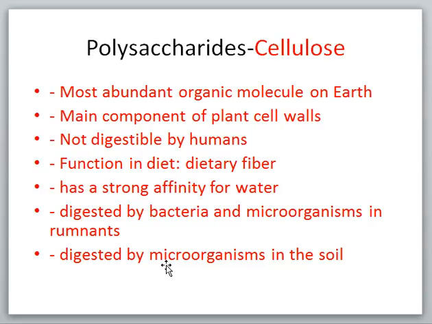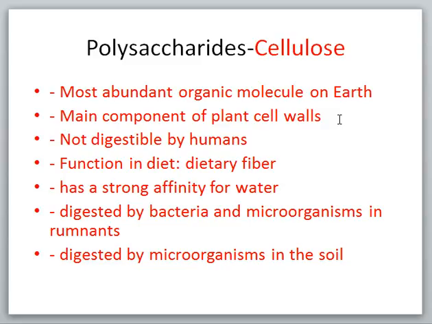Okay, we've got another polysaccharide called cellulose. And cellulose is the most abundant organic molecule that we have on Earth because cellulose is the main component of plant cell walls. So, everywhere you look out here in nature where you have soil and moisture, you're going to have plants growing in that environment.